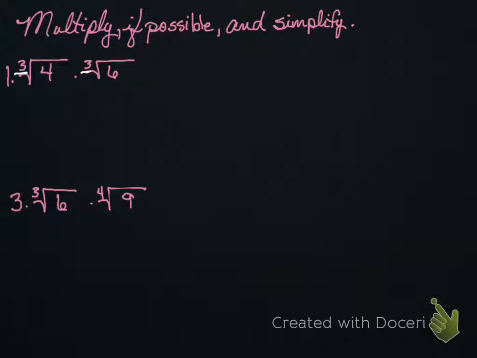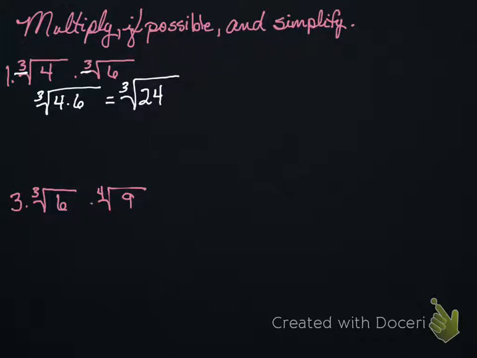So that means I can combine these underneath a radical that is a cube root. I'm going to take the cube root of 4 times 6. That gives me the cube root of 24.